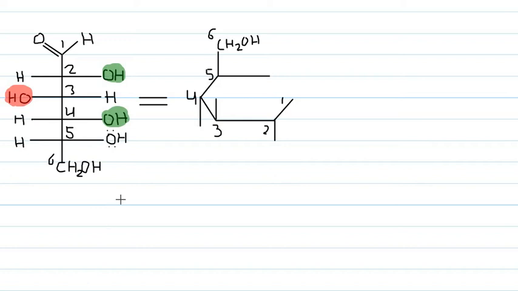So I am just writing it here. This is OH. It has a lone pair. Okay. So carbon number 4 has OH on the right hand side. Okay. So I am writing it here. This is OH. Then 3 has OH.